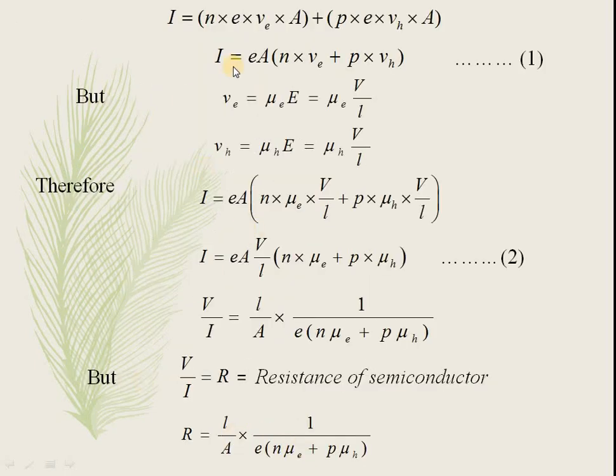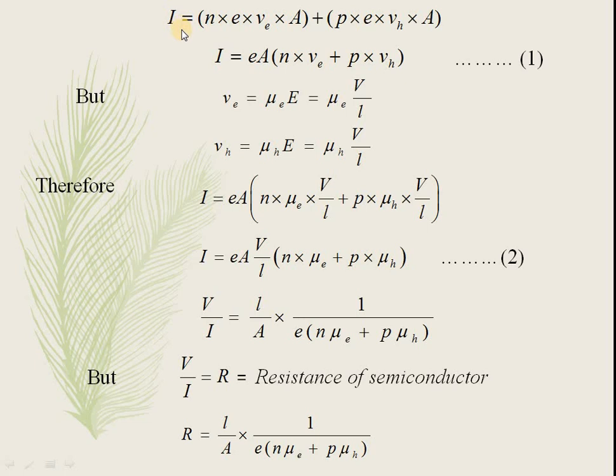Then, as we know, the current flowing through any given volume is nothing but the number of electrons into the charge on that electron into the velocity of that electron and the area of the given semiconductor. So we put the equation for the current flowing due to the electrons as well as due to the holes.